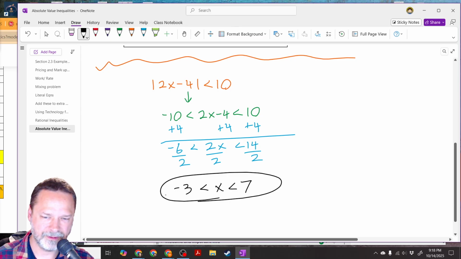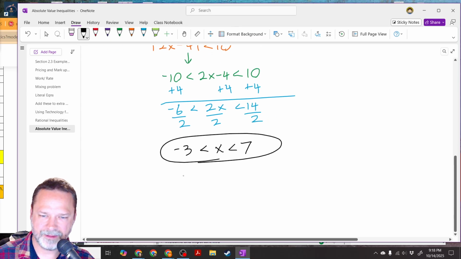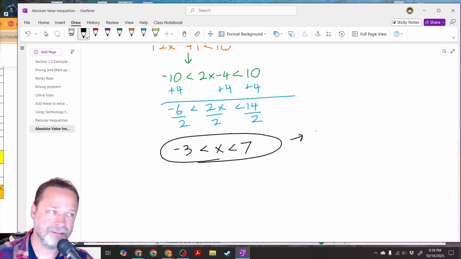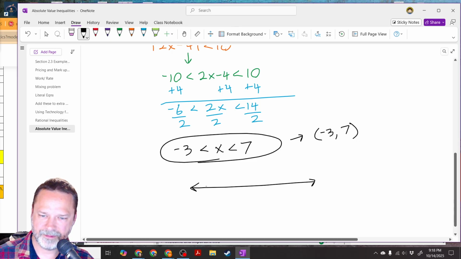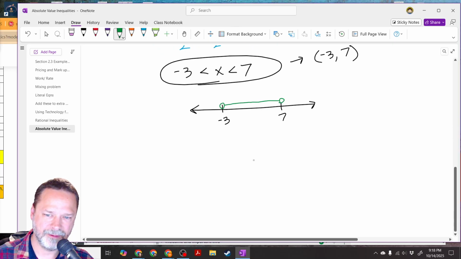That would be our solution. And if we're going to graph it, well, interval notation would be (-3, 7). And if we're graphing it, we would have a -3, we would have a 7, and since we don't have equality, they're open circles or parentheses, just like that. So that's how we would do that.